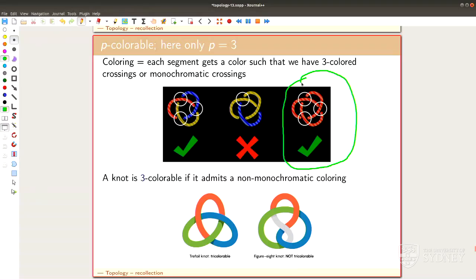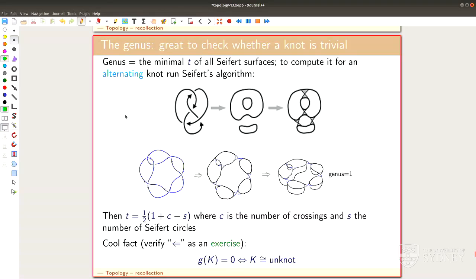In particular, it doesn't always have p colors, but it always has p colorings. So if I ever would ask you about the number of colorings and it's a low number, smaller than p, then it can't be true because you always have the monochromatic colorings. So every knot has three colorings, every knot has five colorings or more, seven colorings or more. Just keep that in mind.